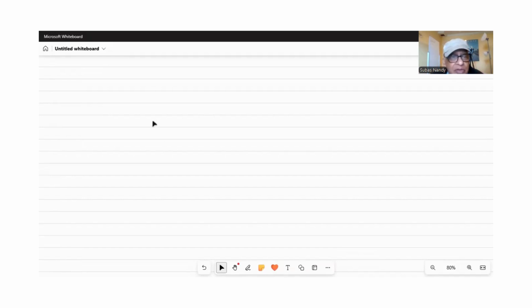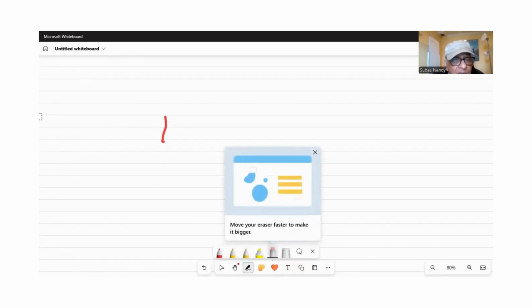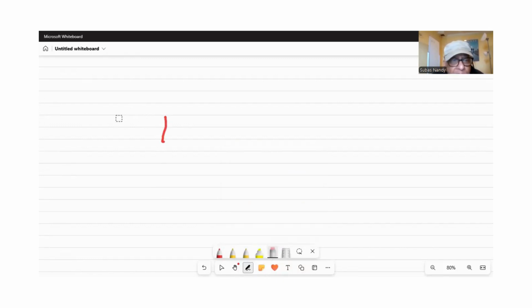For example, let's talk about a uniform probability distribution. So this is a uniform probability distribution. Let me erase that and make a better diagram. Let's first draw the probability axis.